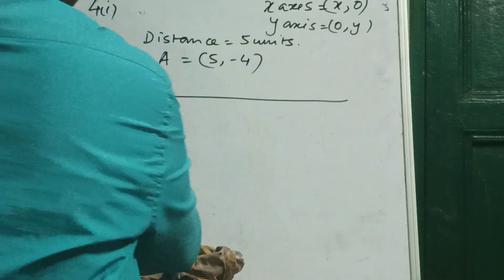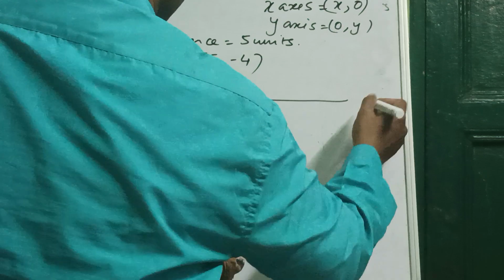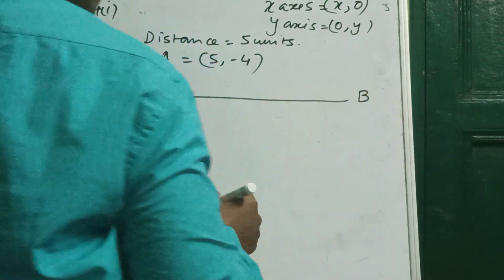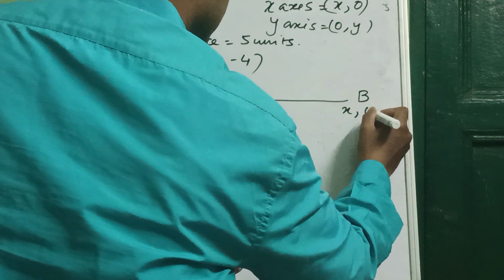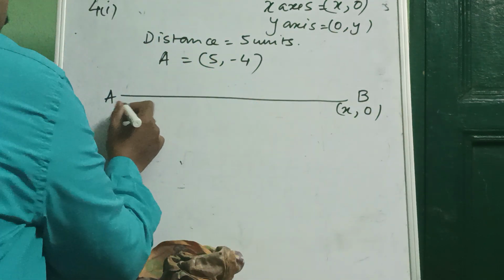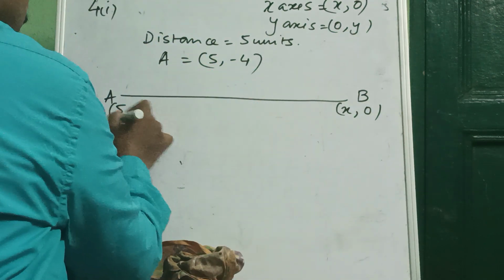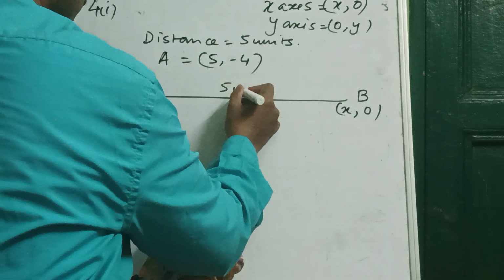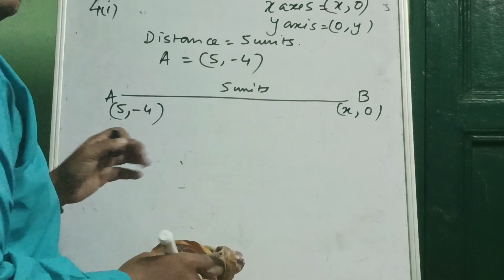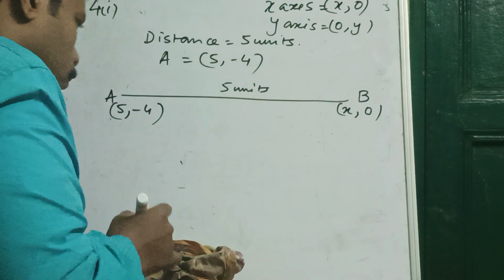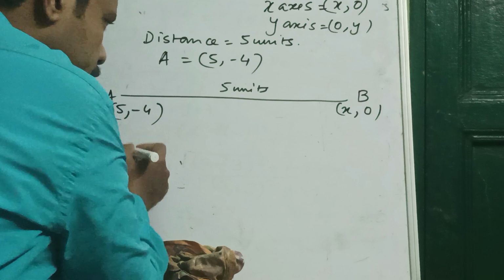Okay, take A, take B. Take this as x comma 0 and this as 5 comma minus 4, and the distance between them is 5 units. Clear?